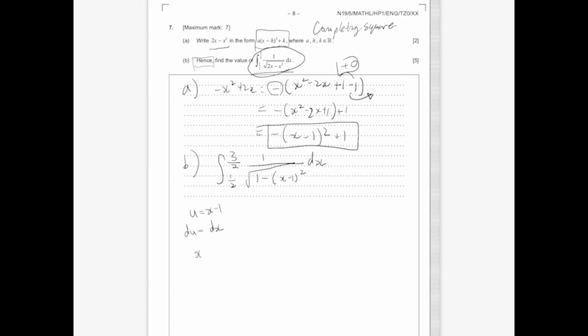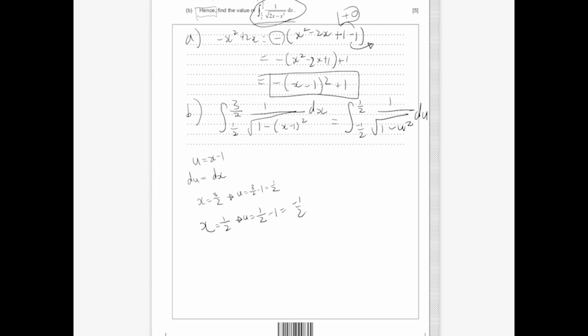Also, when x is 3/2, then u is going to be 3/2 minus 1, which is 1/2. When x is 1/2, u is going to be 1/2 minus 1, which is −1/2. So we can rewrite this using substitution as the integral from −1/2 to 1/2 of 1 over the square root of 1 minus u², du.